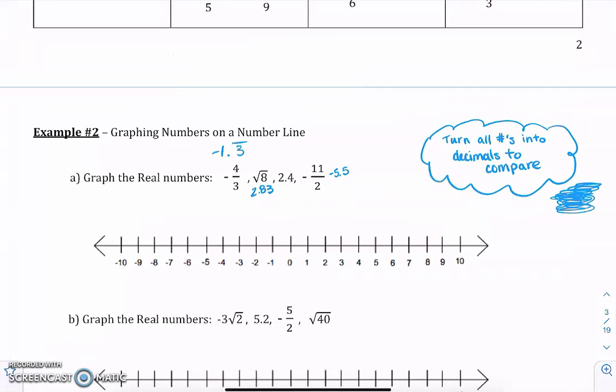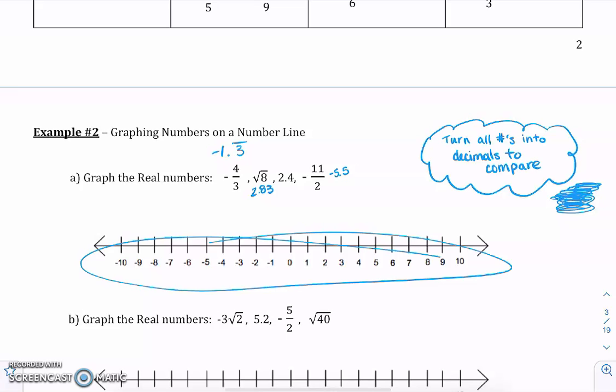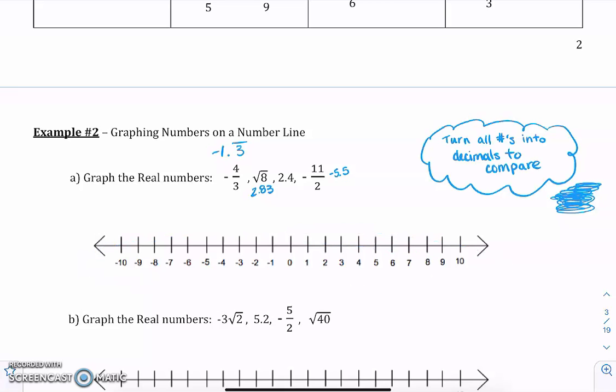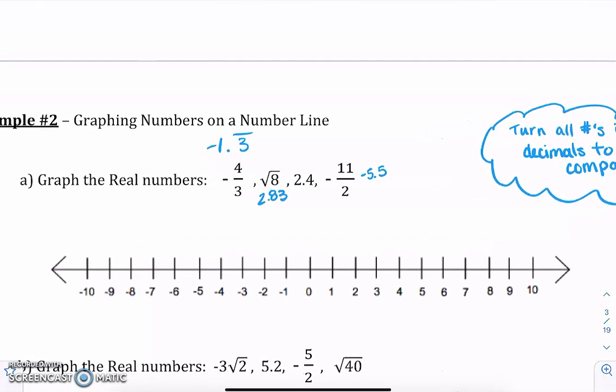So now that you have everything in decimal form, you can figure out first off where it goes, because you're given whole numbers on your number line, but also to compare them with each other. So when you plot them, just make sure that you use the original one it gave you. So like -5.5 is the lowest or your least number. -5.5 is in between -5 and -6.